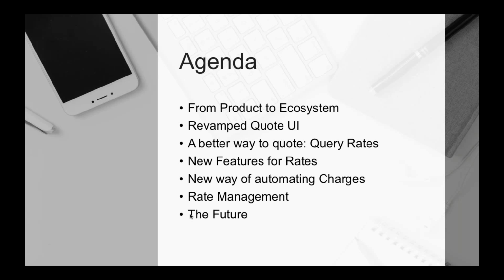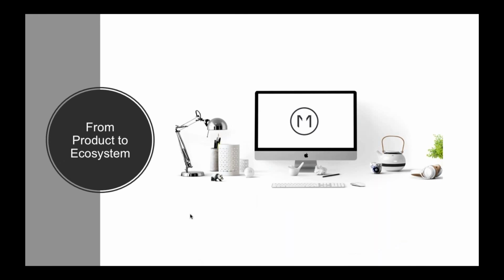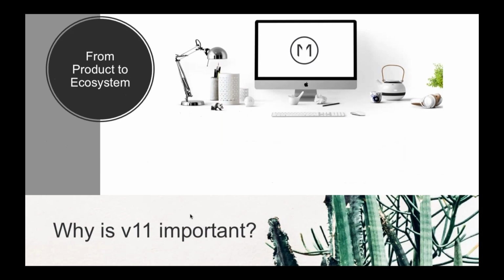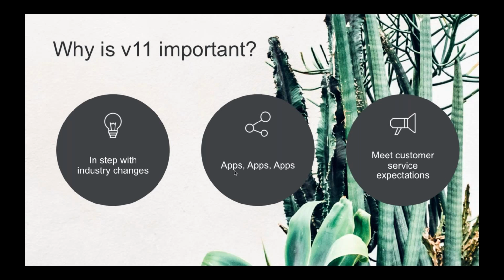Okay, so version 11, from product to ecosystem. This is something that we don't consider just a tagline, but how we think about how Magaya software has evolved in the past 17 years. From one monolithic system that was basically just a desktop software to a network of smaller interconnected features and apps, which is very much in step with where the software industry has been going as a whole.